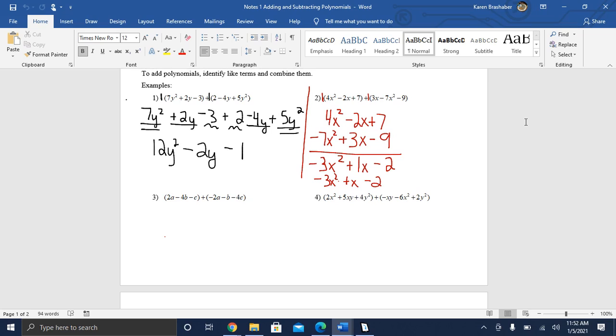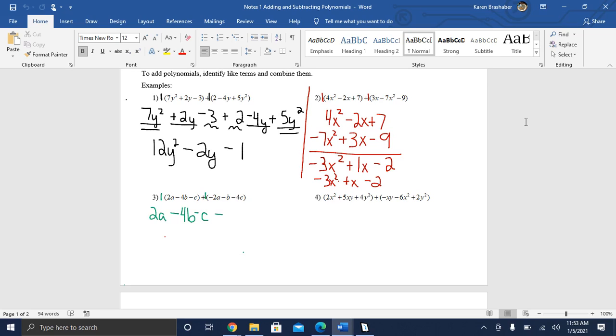All right, so this will apply even when we're not using x's. So again, I could think of taking 1 and distributing it to each one of my terms, and I would have 2a minus 4b minus c, and then taking 1 and distributing it to my terms.